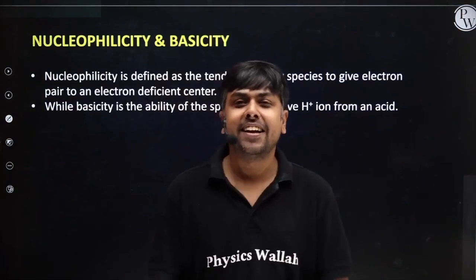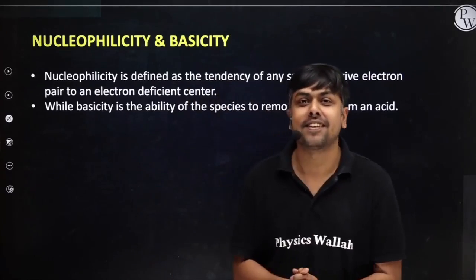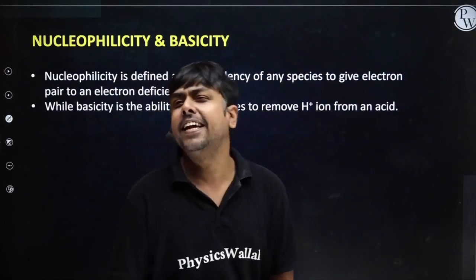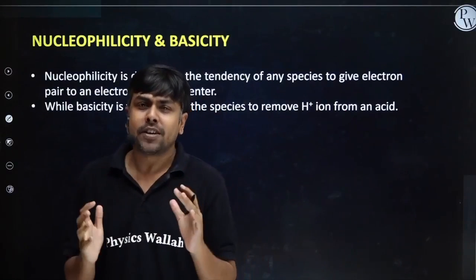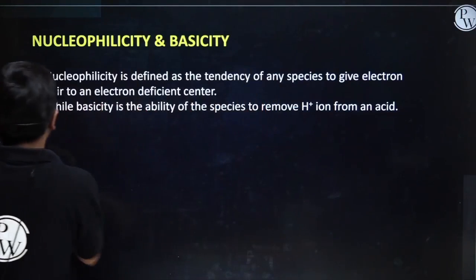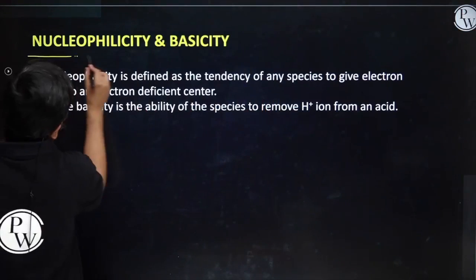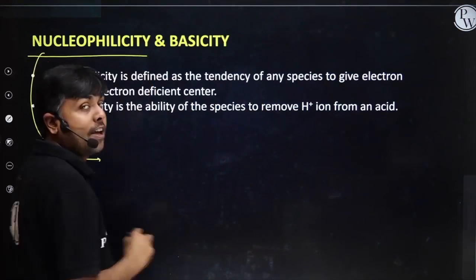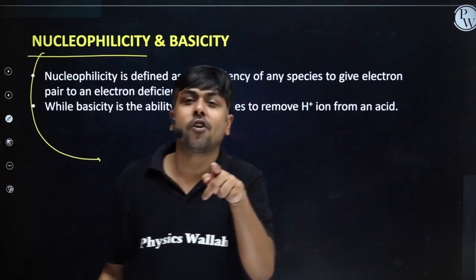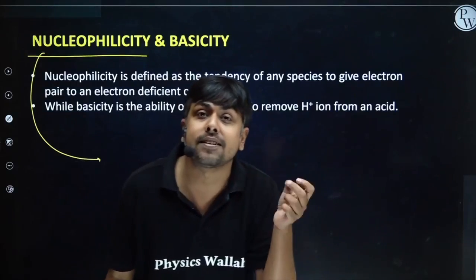Students, moving ahead, the next topic which we are going to discuss is there on the screen, and it's nothing but nucleophilicity and basicity. First of all, let's try to understand the term nucleophilicity. It is defined as the relative tendency of an electron-rich species to donate a pair of electrons to an electron-deficient center.